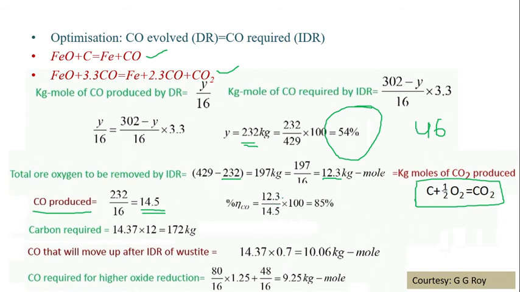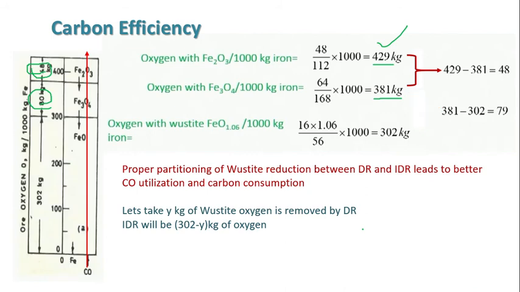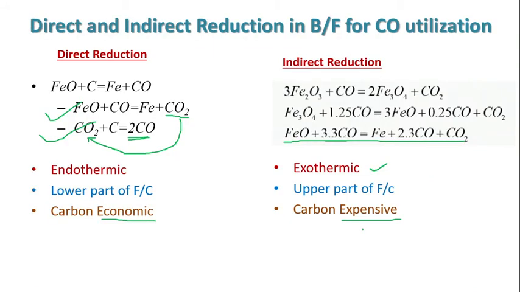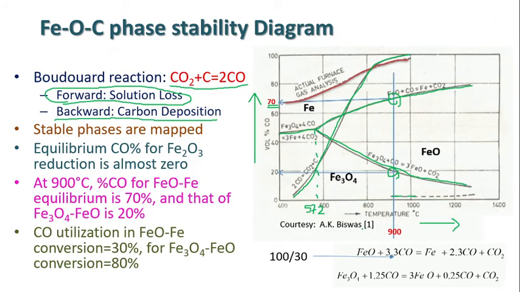So the CO2 by CO ratio is the efficiency. Efficiency will be 85%. If we talk about the efficiency of indirect reduction in the case of wustite, that will be only 30%. 70% in equilibrium means only 30% is there.